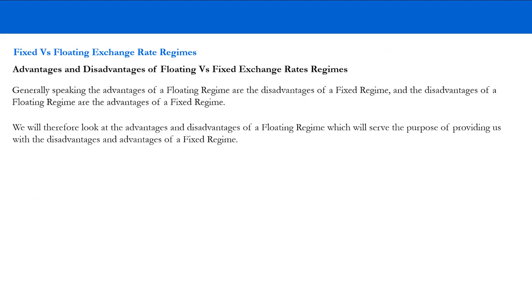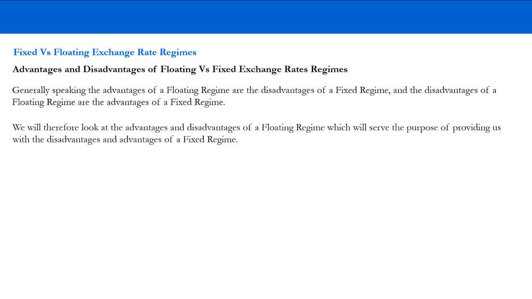Okay, so looking at the Bretton Woods system and the collapse of the Bretton Woods system has given us a decent understanding of the differences between fixed or pegged and floating exchange rate regimes. But what are the advantages and disadvantages of these regimes? Let's look at those.